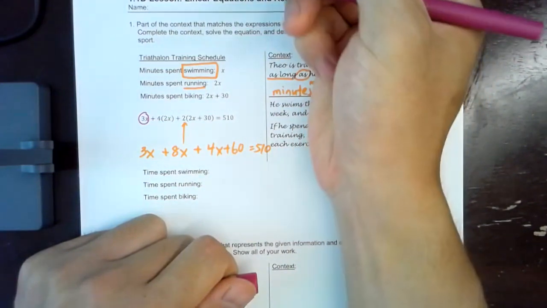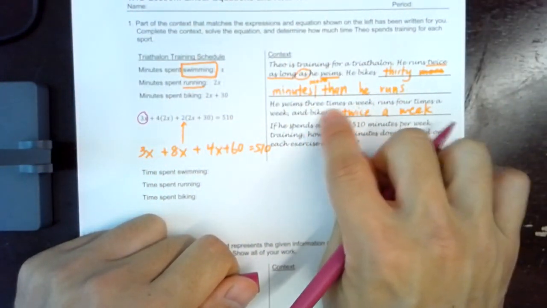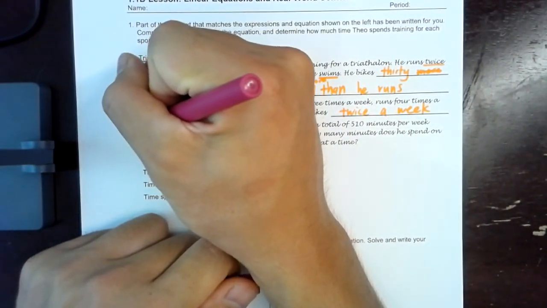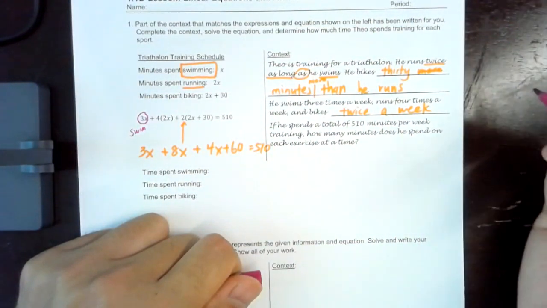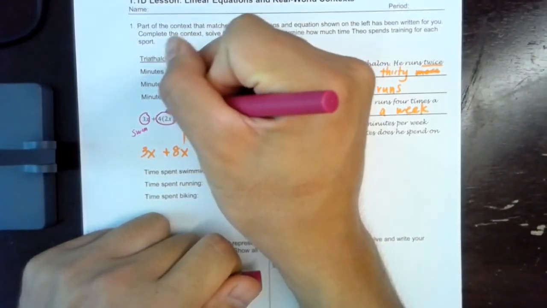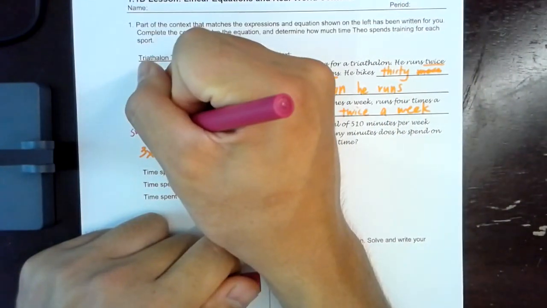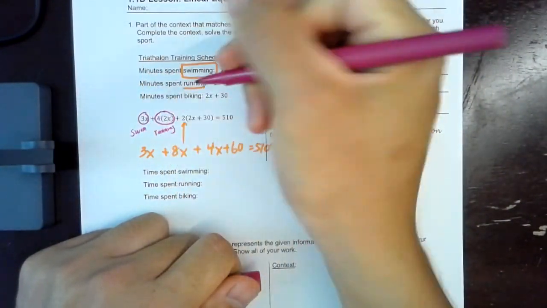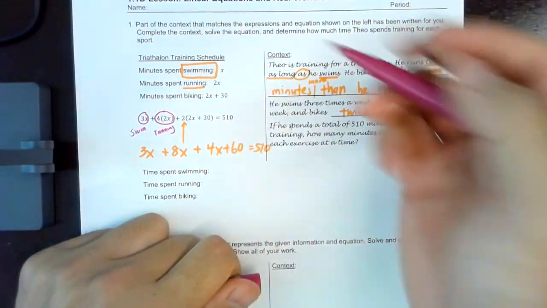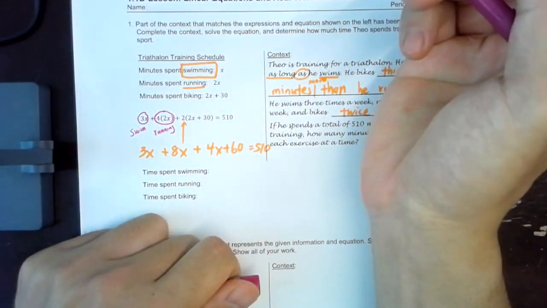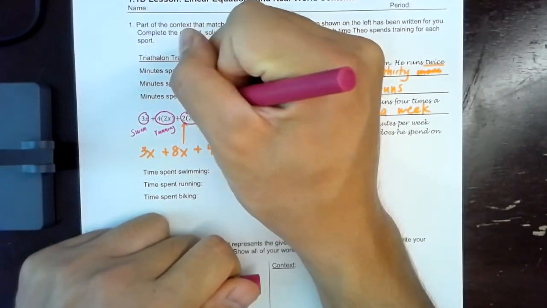The 3x is because he swims 3 times a week. So this is the swimming per week. 4 times of running. So he goes running 4 times. And this is going to be running. And then the biking, which is 2x plus 30 every session. Theo went biking twice a week. So this entire thing is describing the biking.